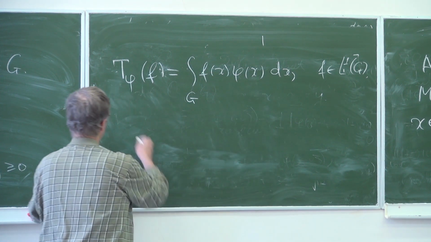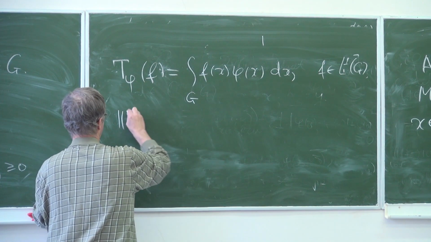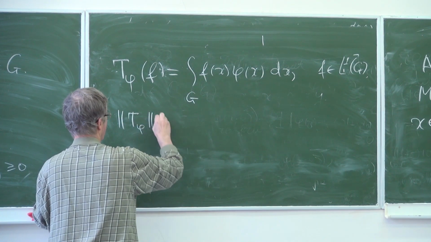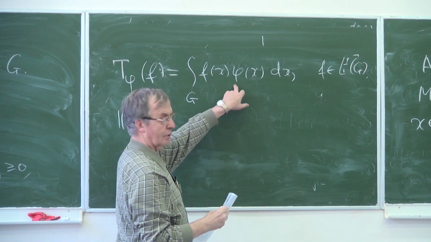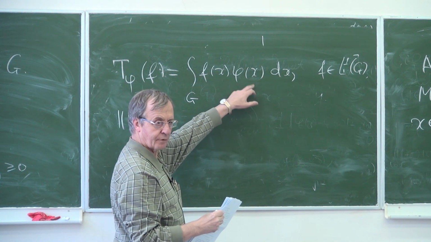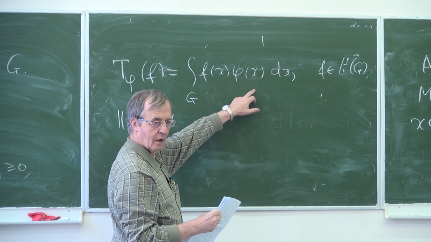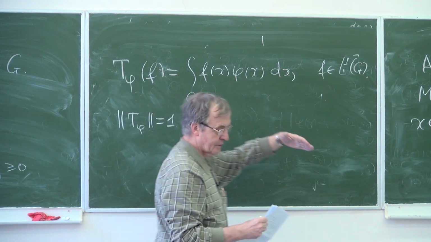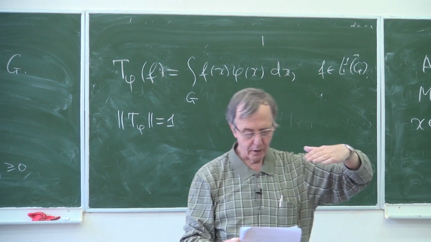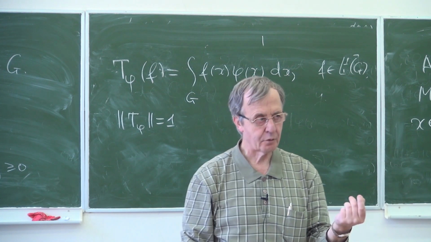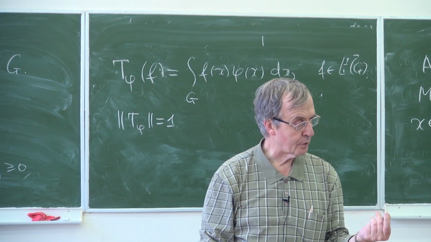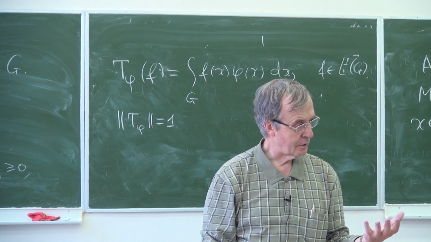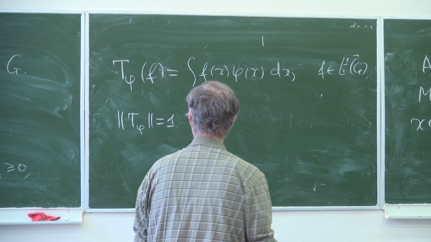Moreover, the norm of this functional on L1 is equal to 1, because this norm is equal to the essential supremum of the modulus of phi, and phi is dominated by 1 in modulus, and it is equal to 1 at 0, so the essential supremum is also equal to 1 because it is continuous. So okay.